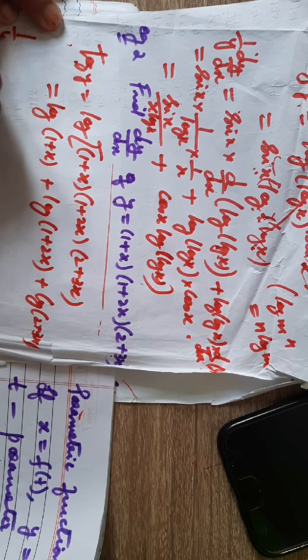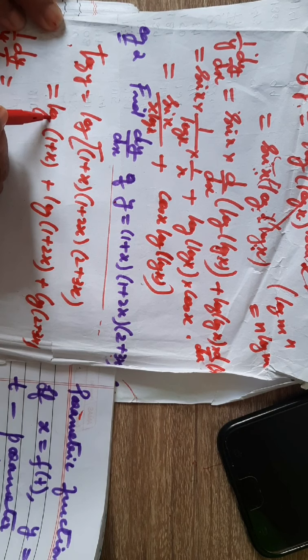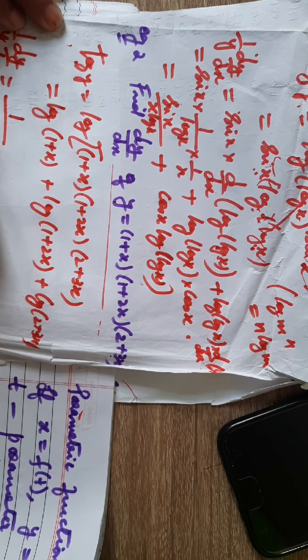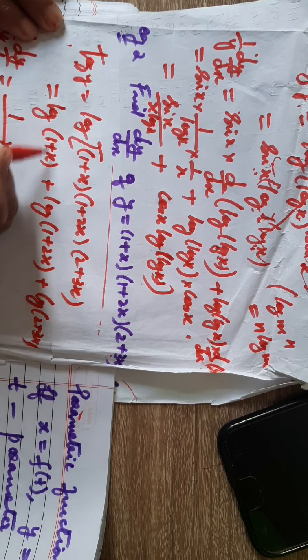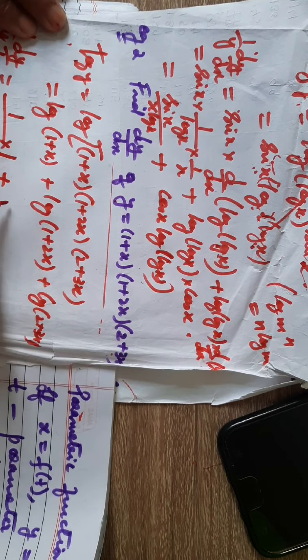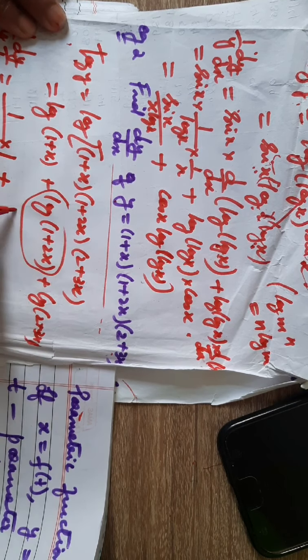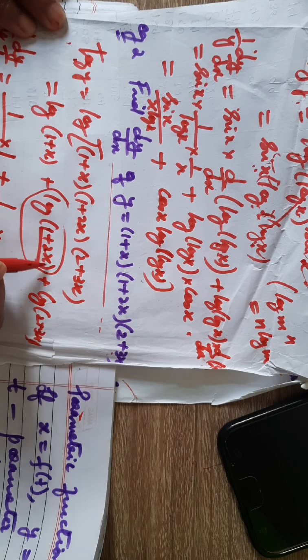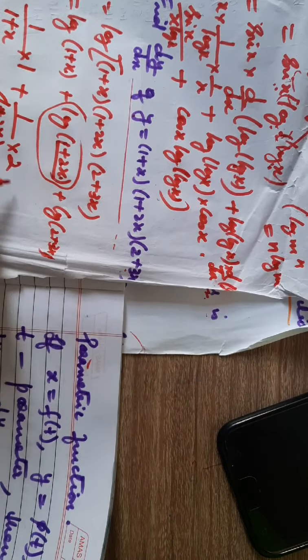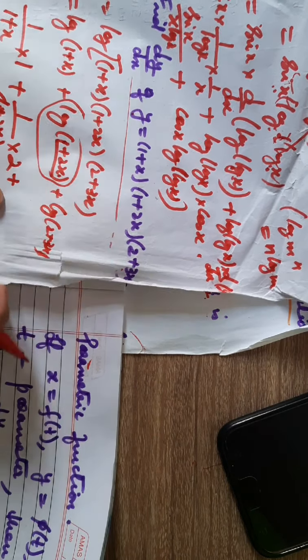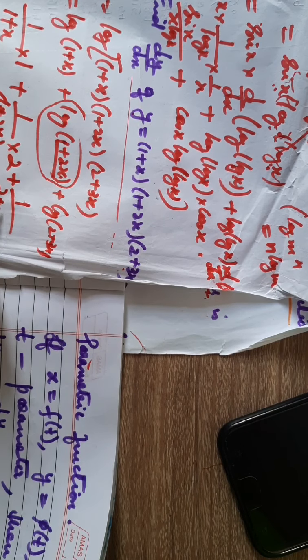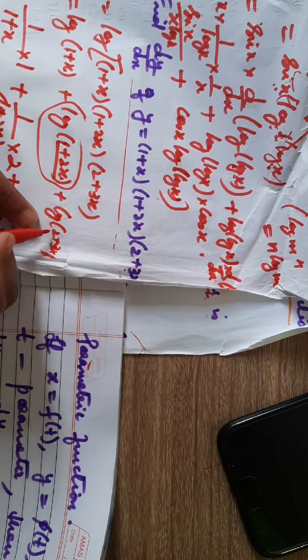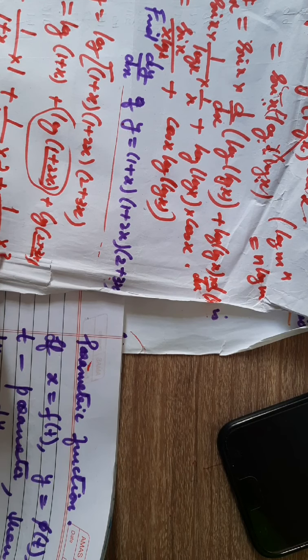So you'll get 1/y dy/dx on the left hand side, and differentiation of log x will be 1 by 1 plus x into the derivative of this one, it will be 1, plus 1 by 1 plus 2x into the derivative of this one. 1 will be 0, differentiation of 2x will be 2, so 2 will come out from there, and the last one is 1 by 2 plus 3x into the derivative of this one, 3 will come out from here.